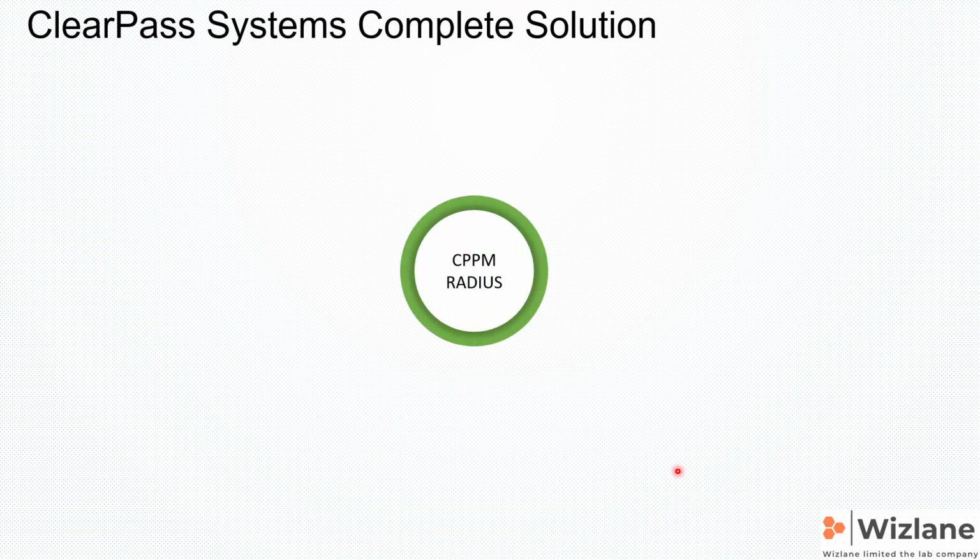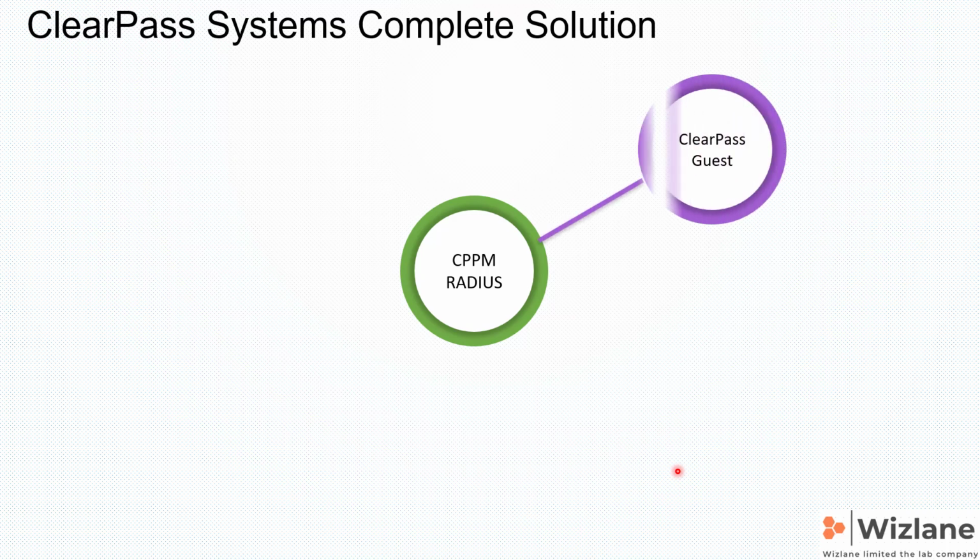We call it ClearPass systems, because think about it, ClearPass by itself has multiple components that come together. The main component of ClearPass is ClearPass CPPM, ClearPass Policy Manager, sometimes we call it Policy Manager. ClearPass Policy Manager is the Radius component of the solution. Comes with that as an additional application, we call it ClearPass Guest.